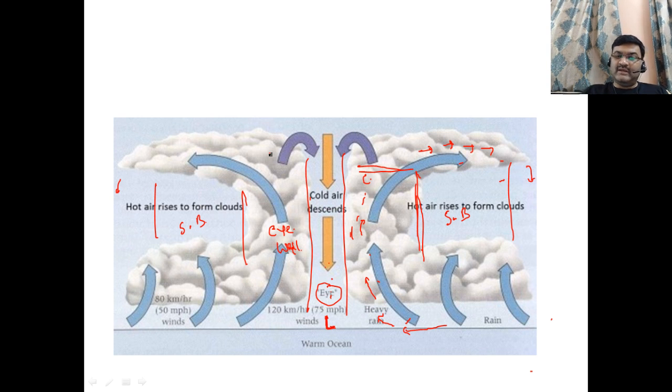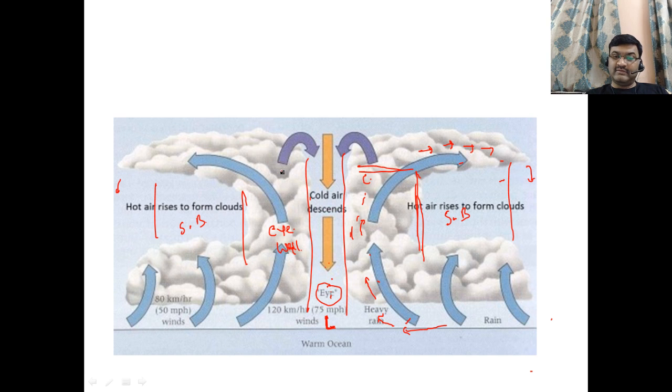Now you tell me in which case there will be the highest rainfall, eye or eye wall? Where is the highest rainfall recorded?